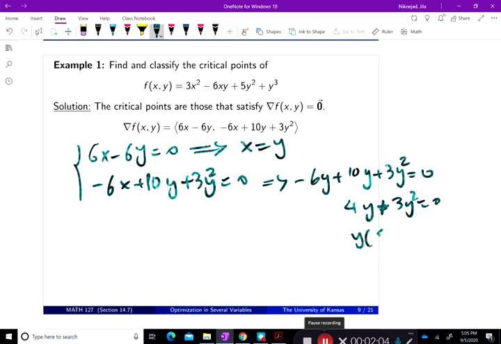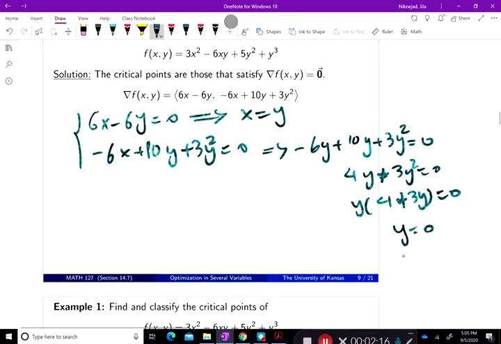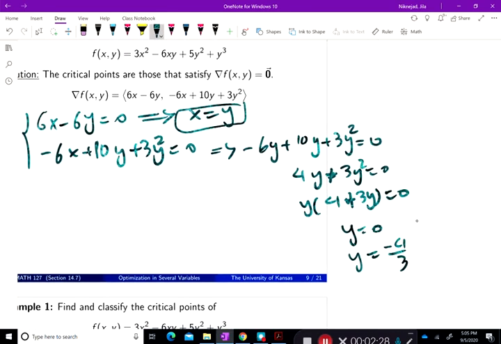Factor y. And then y equals 0 and y equals negative 4/3 are going to be two answers. Okay, so what about x? Go back to the first equation that you found, and that means that x has to be the same as y.